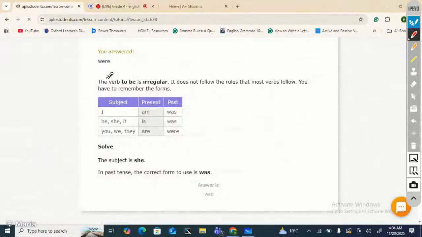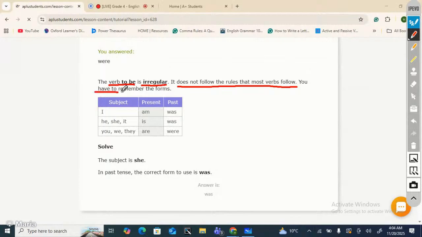To be verb. The verb to be is irregular. Irregular means it does not follow any rule, and it does not follow rules that most verbs follow.